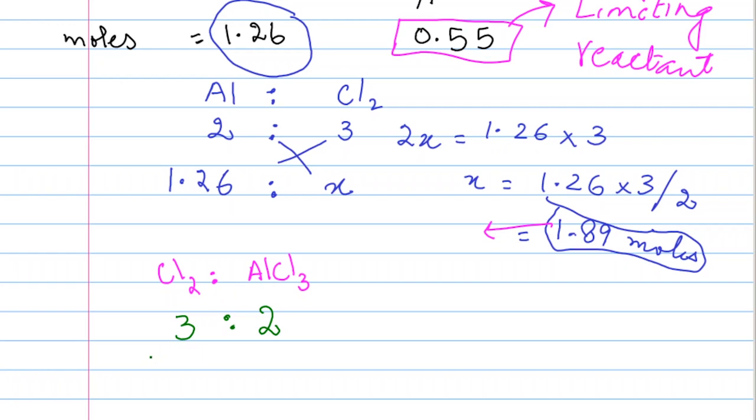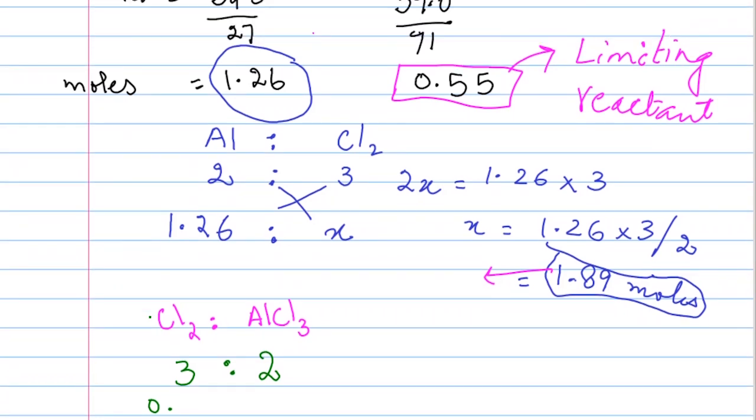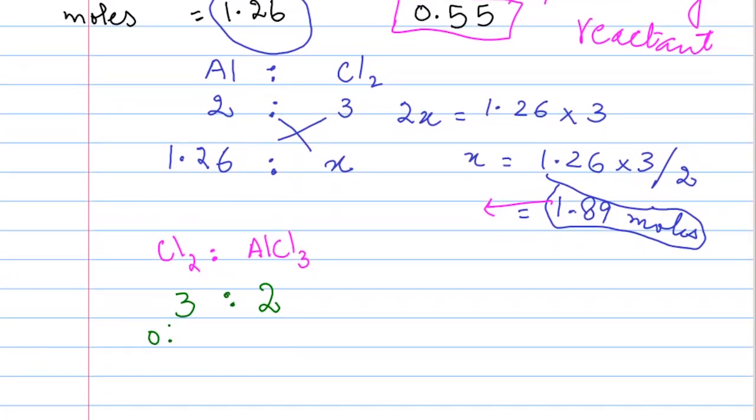Now, what moles have we calculated? 0.55. If we have 0.55 moles of chlorine, what will be the moles of product? Let me use the calculator.